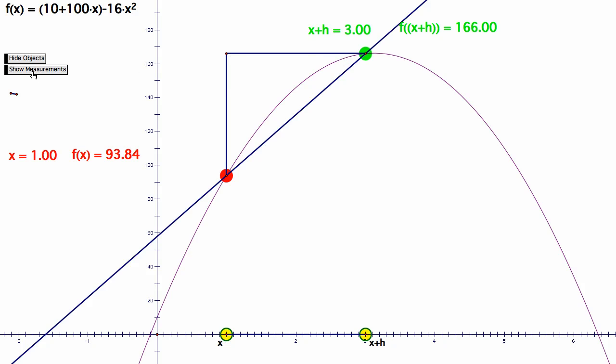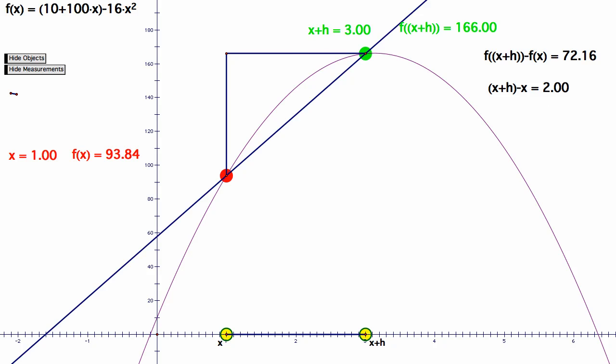I've actually done this already dynamically, and you can see that 166 minus 93.84 is 72.16. The time it took to do that, in other words, what is the time from here to here? Well, that's simply going to be my final time, which is x plus h, minus my initial time, which is 1, and that gives me a time of 2 seconds. So I went 72.16 feet, and it took me 2 seconds to do that.